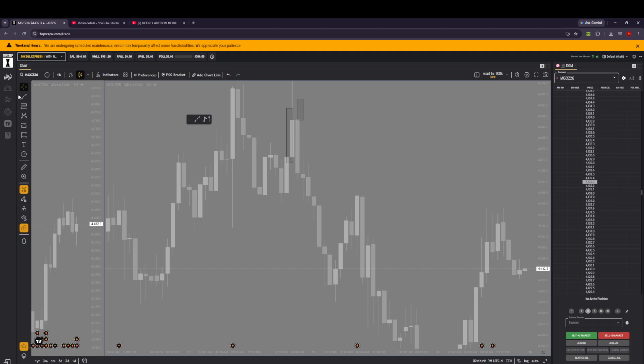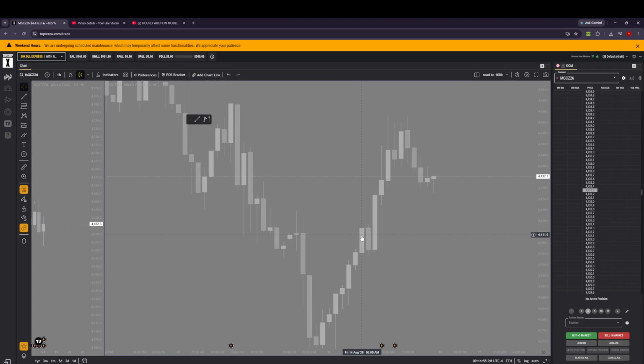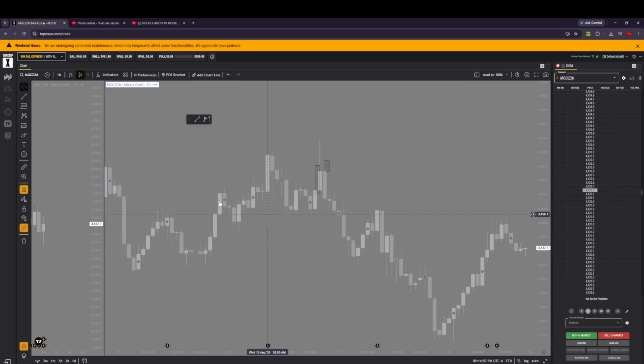What can we target lower? We have this low on the market. Okay, that's moving around a bit. We have the low after that, which we did end up taking all of it. And then we have this strong draw on liquidity lower right here.